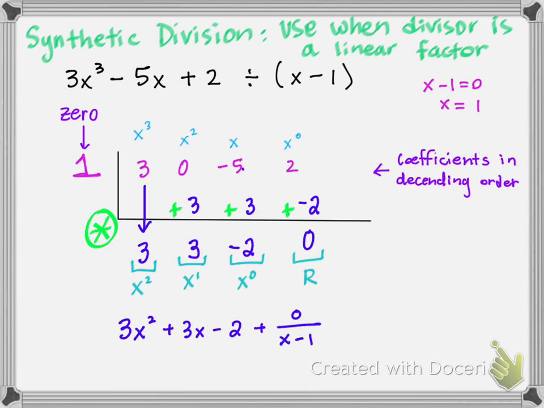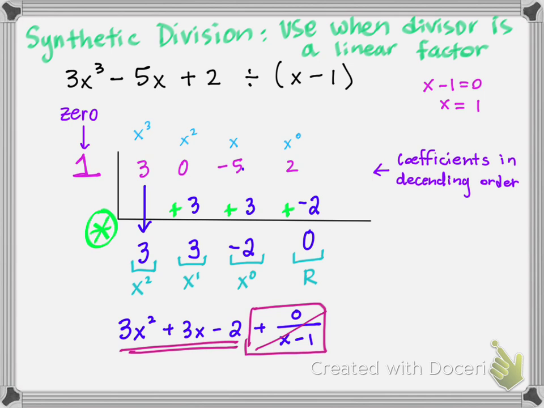Now, think about this. Do you really need to put plus 0 over x minus 1? No, the remainder is nothing, so you don't need to do that. Your final answer is actually 3x squared plus 3x minus 2.